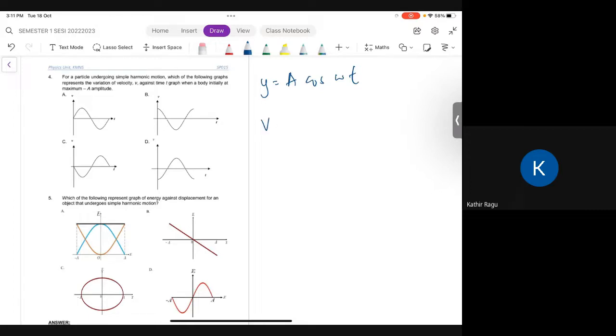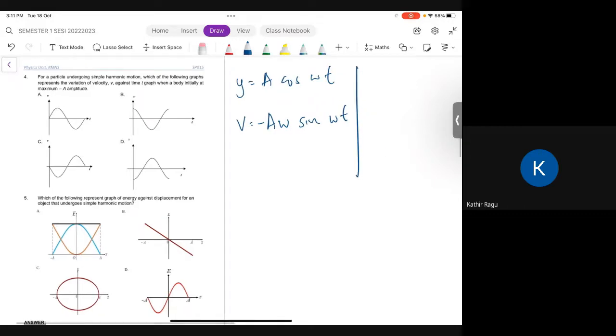Tapi kalau you dapat V, dia akan jadi AU, cos akan jadi negatif sin omega T. So inilah graf dia, iaitu graf dia akan jadi negatif AU. So jawapan dia sama ada yang ini negatif A ke ataupun E. Kalau dia negatif, dia adalah negatif A cos omega T. So V you akan dapat AU sin omega T. So negatif dia akan jadi positif balik lah.